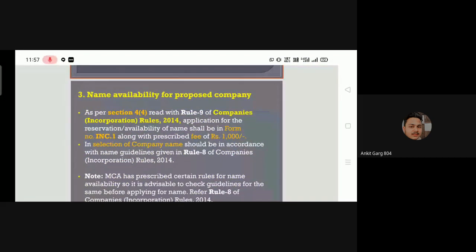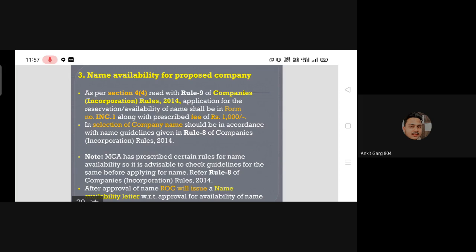Now we have to see the name availability for the proposed company. As per section 4, subsection 4, read with rule 9 of the Companies Incorporation Rules 2014, the application for reservation of a name shall be in form number INC 1 along with the prescribed fees of rupees 1000.